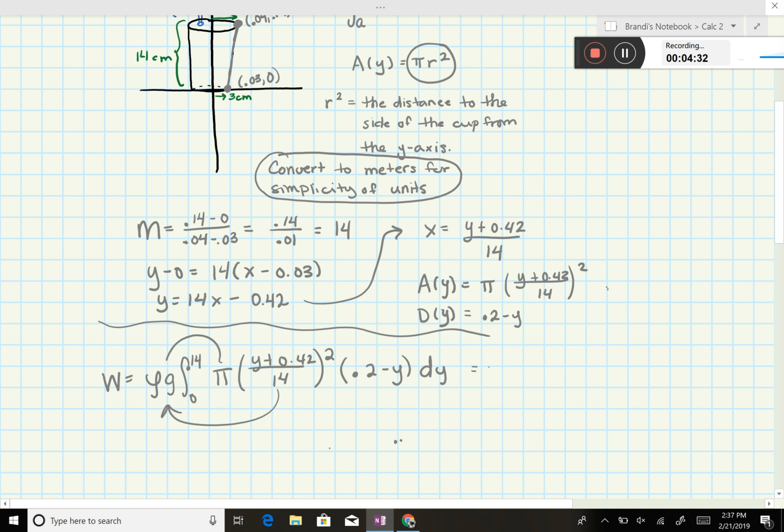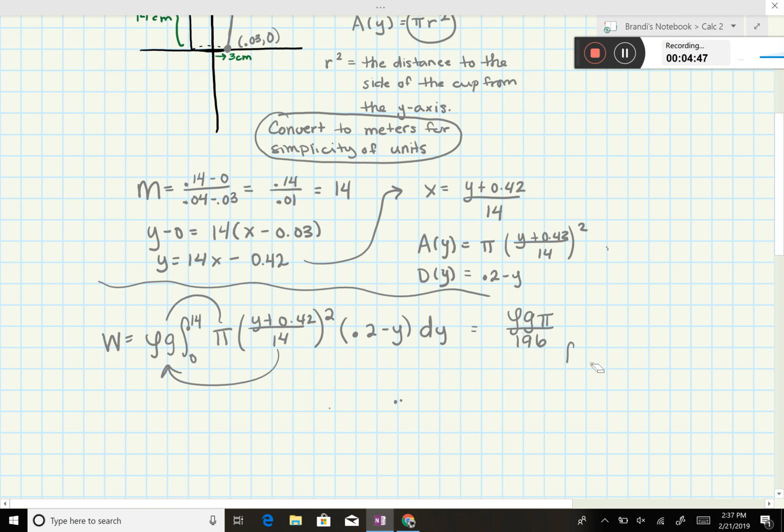So that would give me rho g pi, and 14 squared, which I should probably have memorized, but oh well, is 196, from 0 to 0.14 of y plus 0.42, nothing under it because I moved the 14 out, squared, times 0.2 minus y dy.